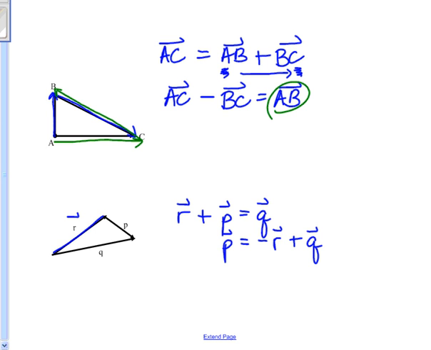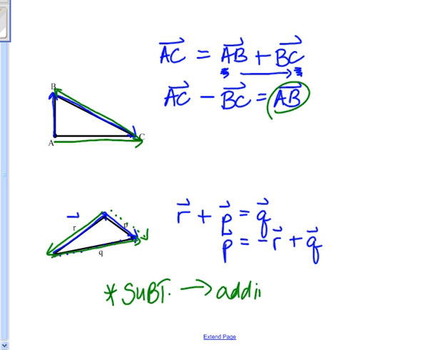R plus P is Q. Start here and here. And P is the same as the opposite of R. Add Q, and you do in fact get P. What you need to remember is that subtracting is adding the opposite.